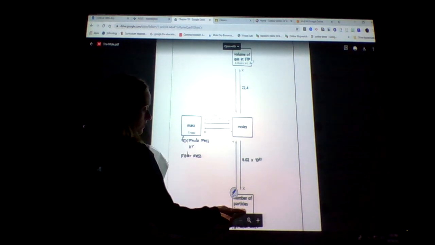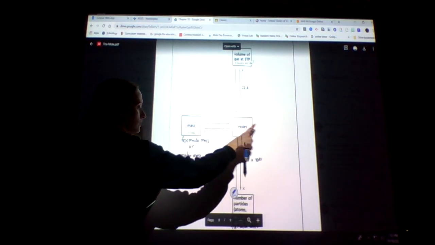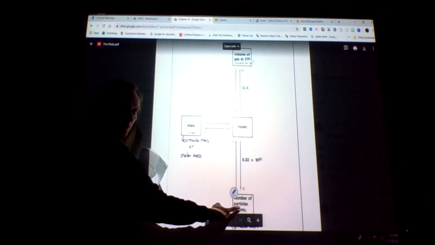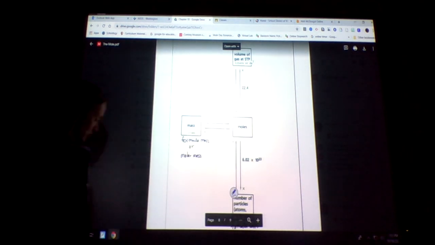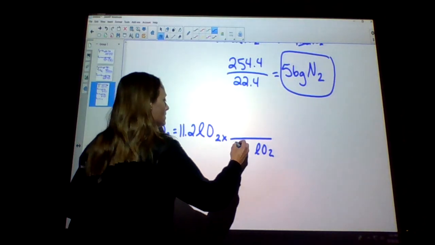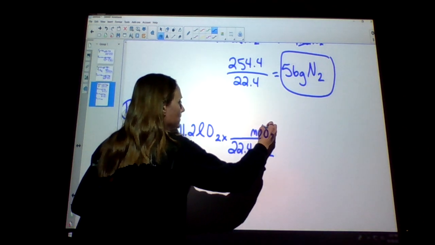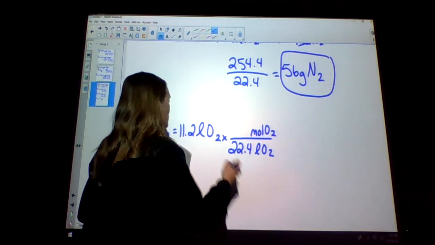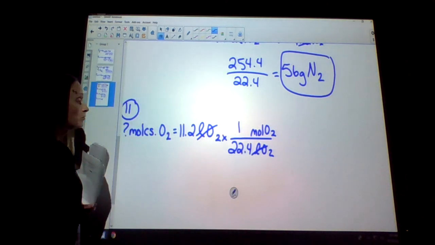Basically, we're going to start off here at liters. We're going to go to moles, and then we're going to end up down here at the bottom with our number of molecules. So we're going to go volume or liters to moles using the 22.4. And moles will go in the top because that's the box we're traveling to. Liters cancels, put in the number 1 for your mole.